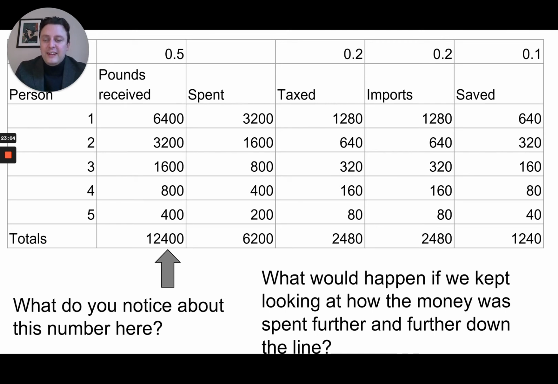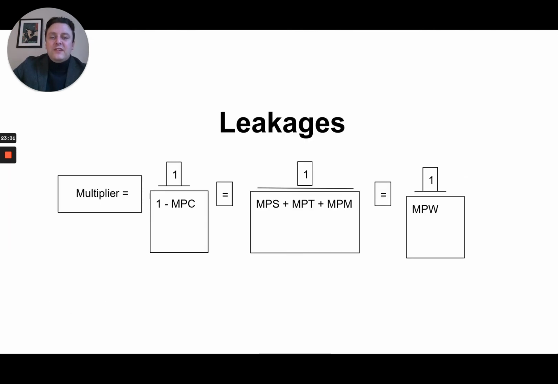So the increase in spending, initially 6,400, has led to a total increase of GDP of 12,400. Okay, so have a wee look at that diagram. Have a look at this chart. It's quite interesting. So let's have a wee look at the leakages.